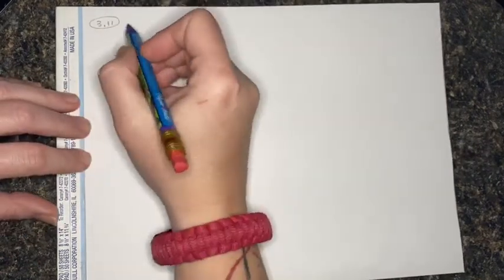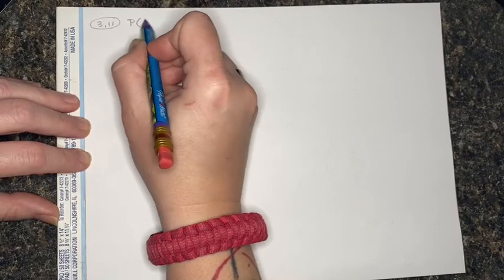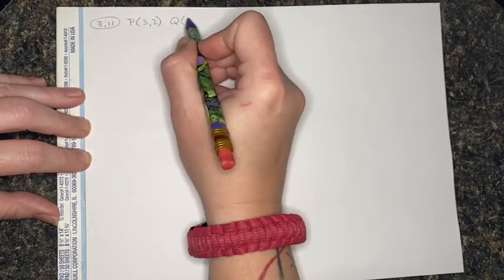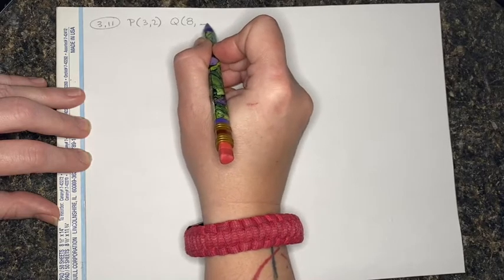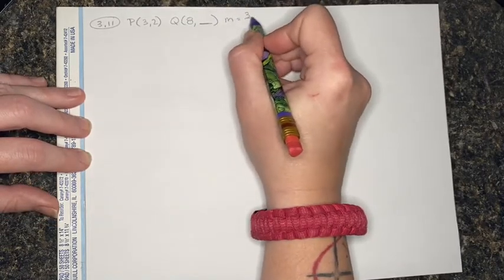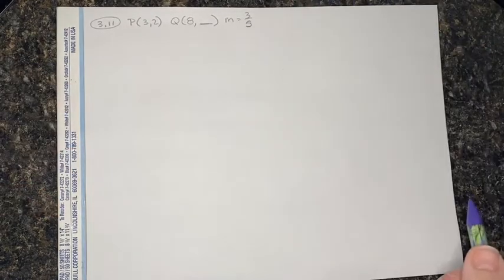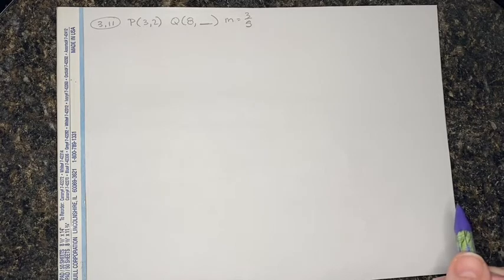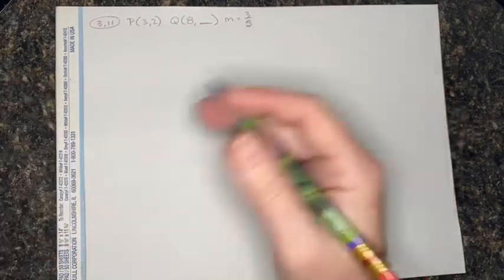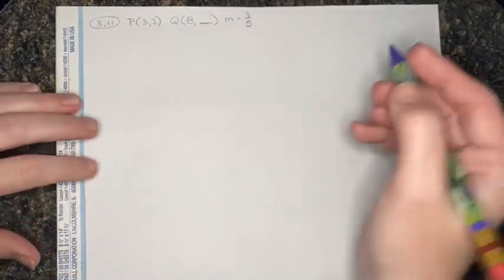Number 3.11 tells us that point P is at 3, 2, and point Q is at 8, we don't know. But they do give us the slope as being 3/5. So now they want us to figure out backwards what point is our y sub 2, right? So just like normal, we're going to put this into our formula.